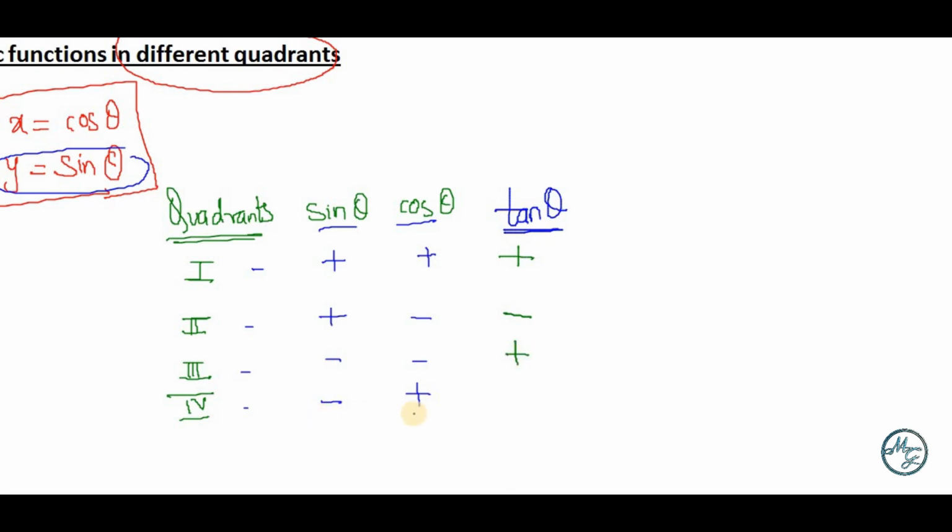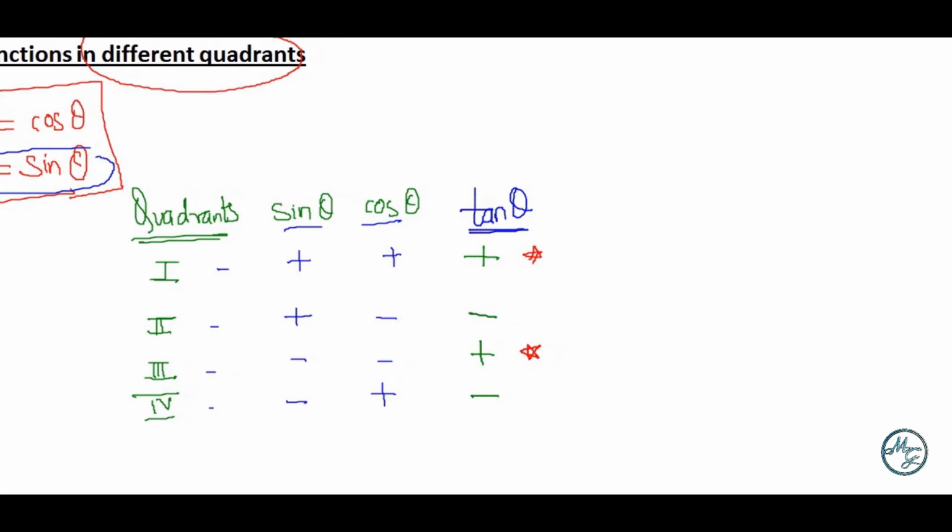Sin negative, cos positive, that means tan negative. So tan is positive in first quadrant and third quadrant. Tan is negative in second quadrant and fourth quadrant. So now we get to know about signs of sine, cos, and tan theta.